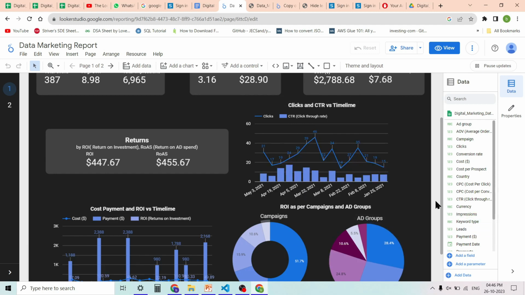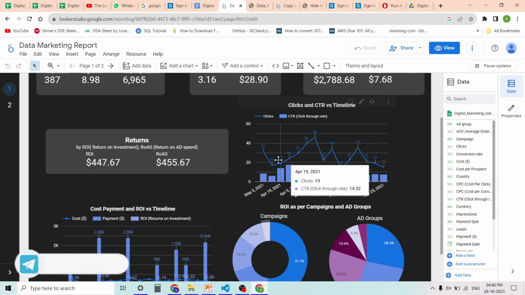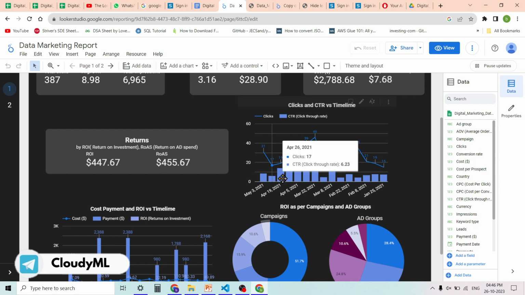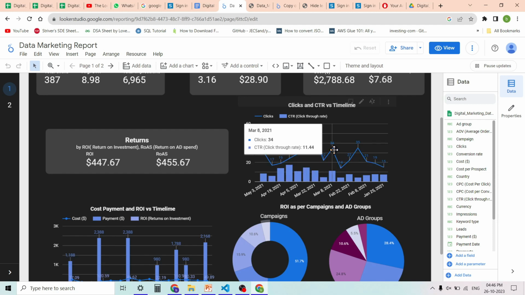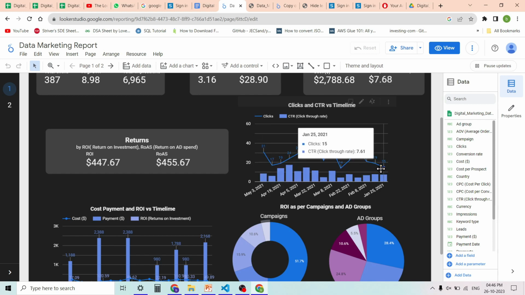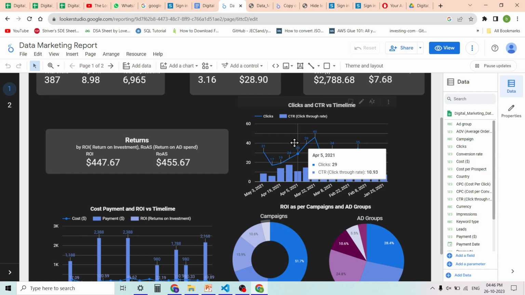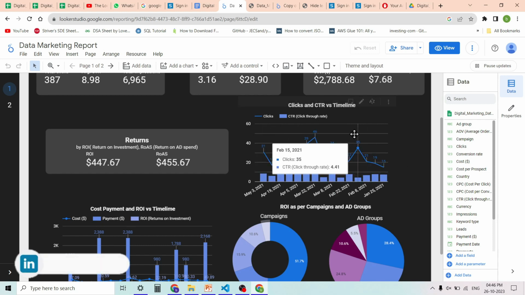You can also make the relation that whenever the click-through rate is growing, our number of clicks is also increasing, or vice versa, when the clicks are increasing, our click-through rate is also increasing. When we see a decrease in the click-through rate, the number of clicks is also decreasing. So this shows us the interactiveness of the users on our ads.